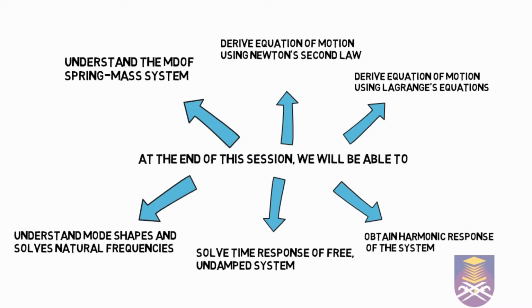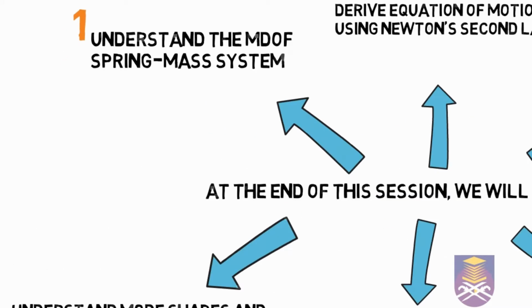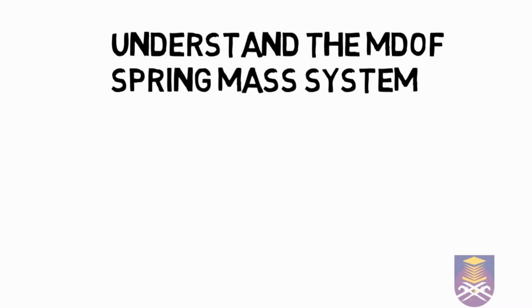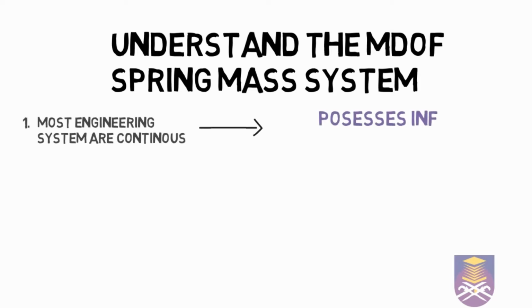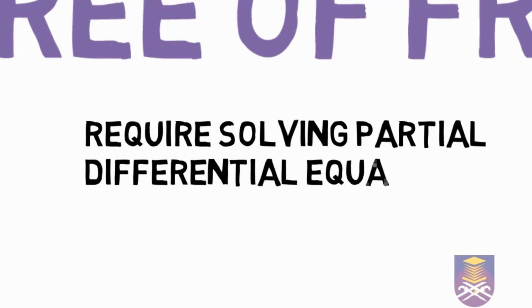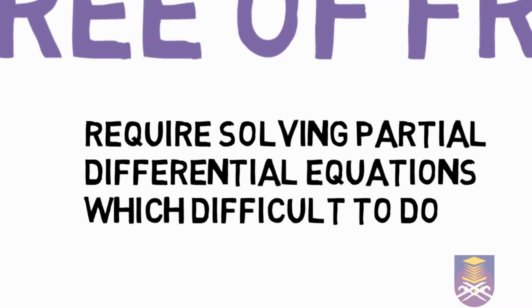Okay, let's proceed to number 1. Understand the multi-degree of freedom spring mass system. For your information, most engineering systems are continuous, they possess infinite degrees of freedom. It requires solving partial differential equations, which is difficult to do.